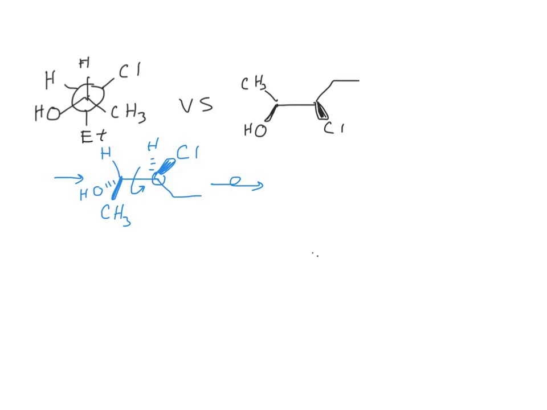So let's redraw. So the ethyl goes up, and that means the hydrogen swings around 180 degrees and becomes a wedge downwards, and the chlorine swings around 180 degrees and becomes the dash. Remember, we're essentially rotating the right carbon 180 degrees.